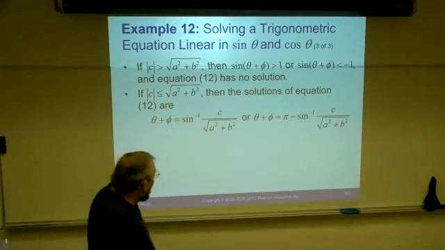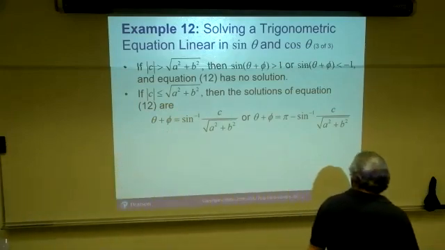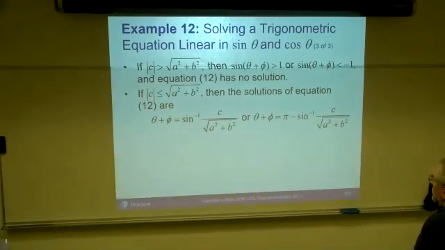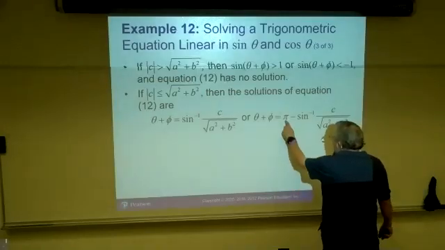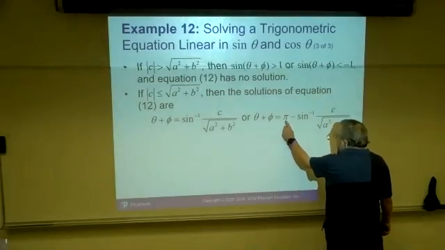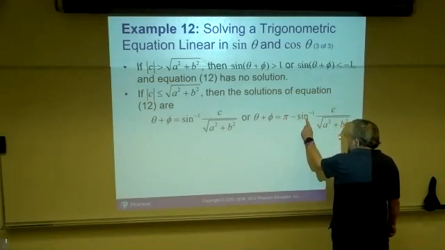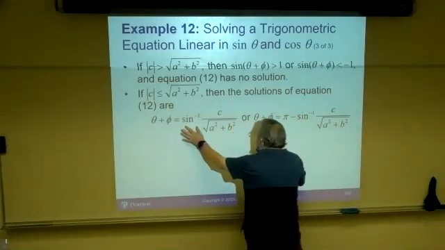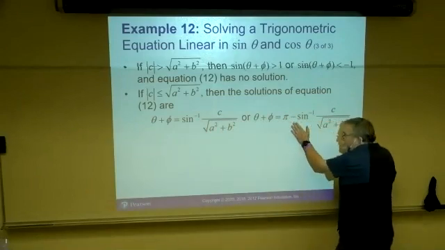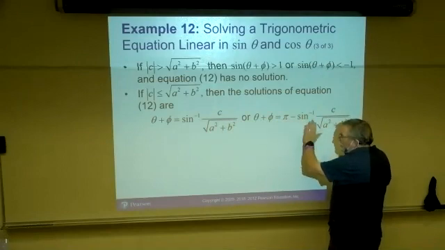Or alpha plus b equals pi minus the inverse sine of this. Because this covers the first quadrant, this covers the second quadrant. Because sine is positive in those two quadrants.